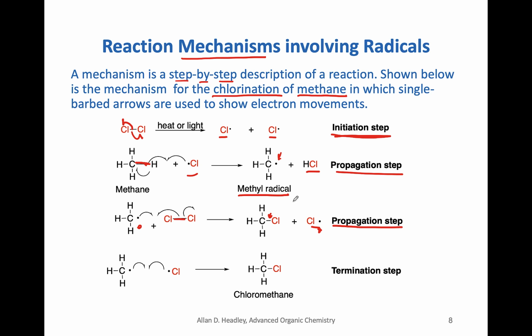The final step involves the methyl radical reacting with another chlorine radical to form a neutral product, chloromethane, and that's called a termination step. So these are the steps in the reaction mechanism for the free radical chlorination of methane.